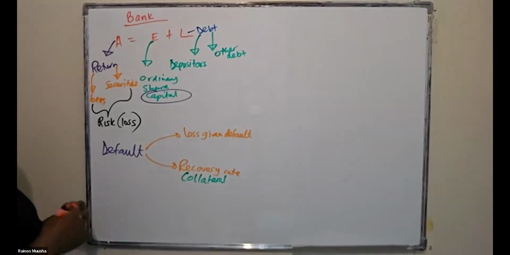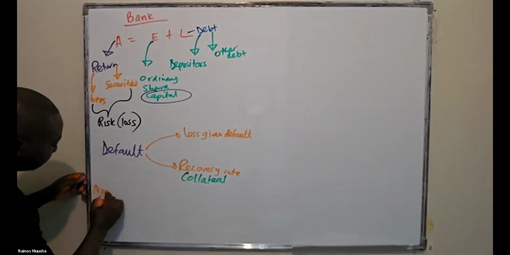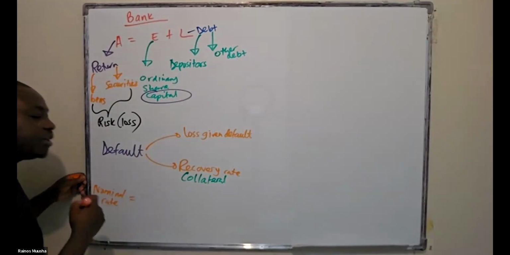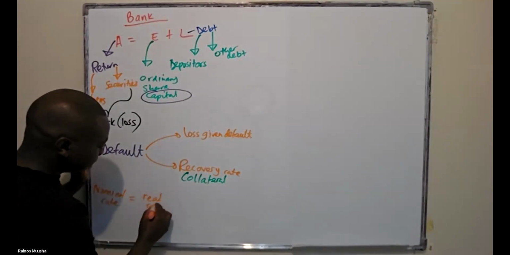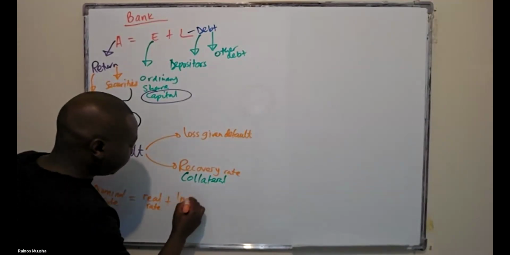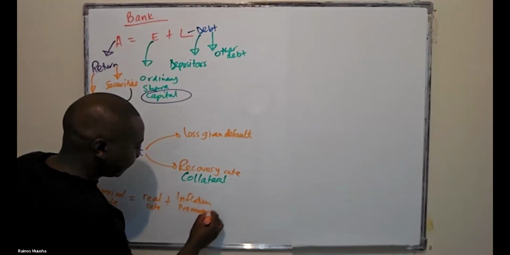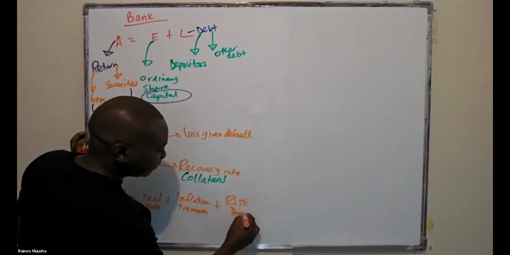Now, when you're talking about the spread risk, we know that when you are charging your interest rate, your nominal rate is given as the real rate plus inflation premium plus the risk premium.